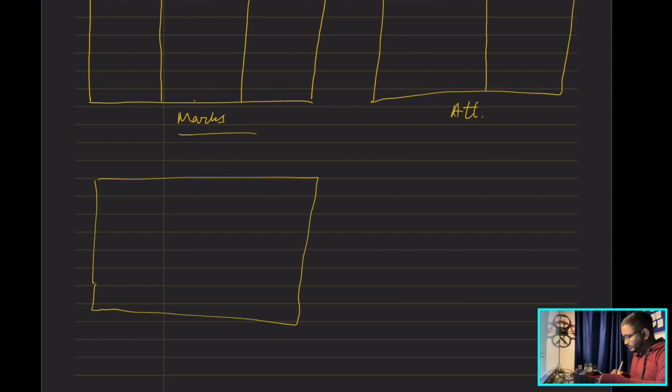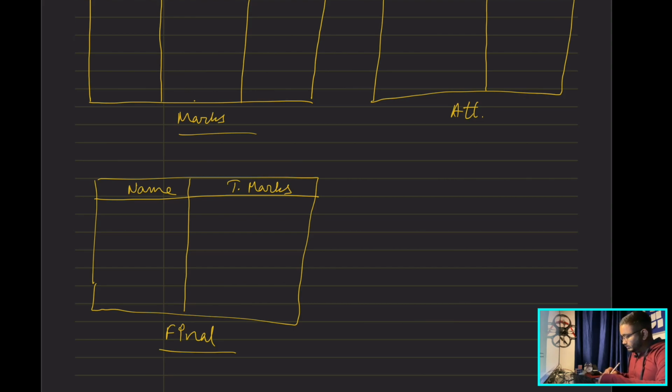Let's name the sheet first by the tag final, and the teacher has created the sheet with two labels, one being the name and the second being the total marks.